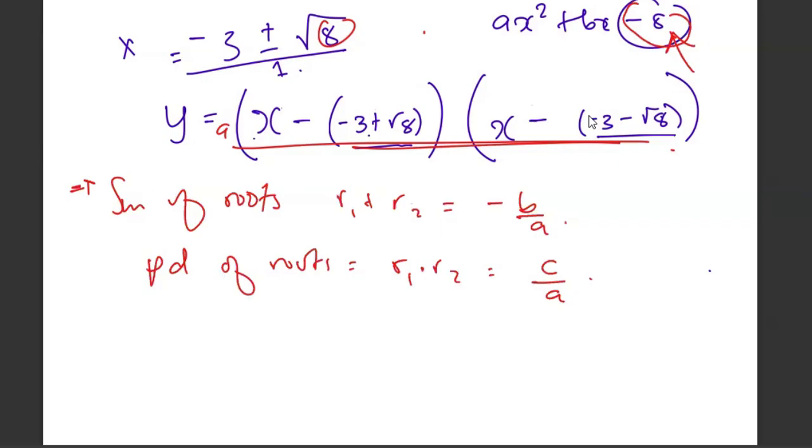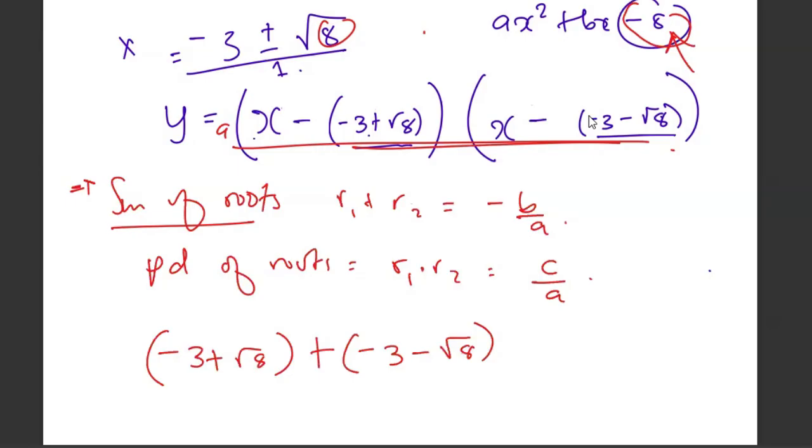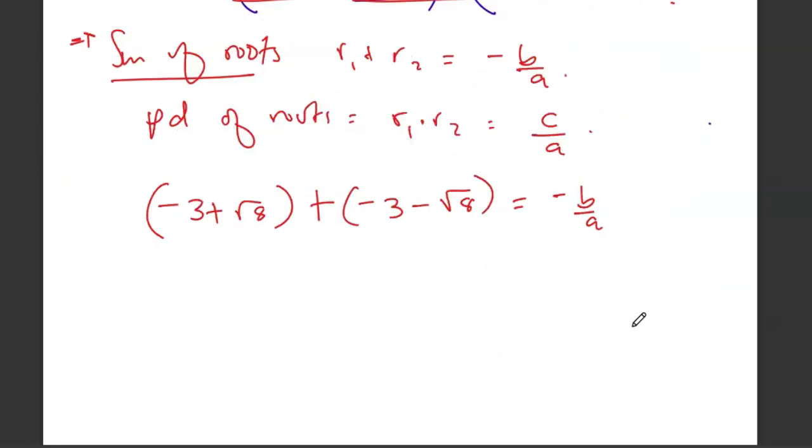So what does that mean? That if we try to do the addition of negative 3 plus root 8, plus a negative 3 minus root of 8, this must give us a negative b over a. So when you add this up, the only answer we are getting is a negative 6, being negative b over a.